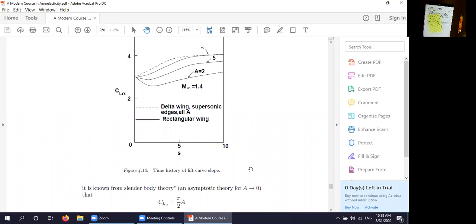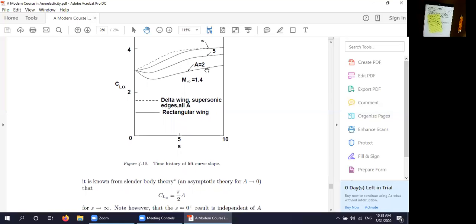And this shows you how CL alpha changes with time for, in this case, a supersonic Mach number 1.4, but for different kinds of wings, right? If we're in three-dimensional flow, we now have to talk about a wing, not an airfoil. And so A will be the aspect ratio, which is basically a measure of the ratio of the span to the chord. So as this number gets larger and goes to infinity, we're back to a two-dimensional case.